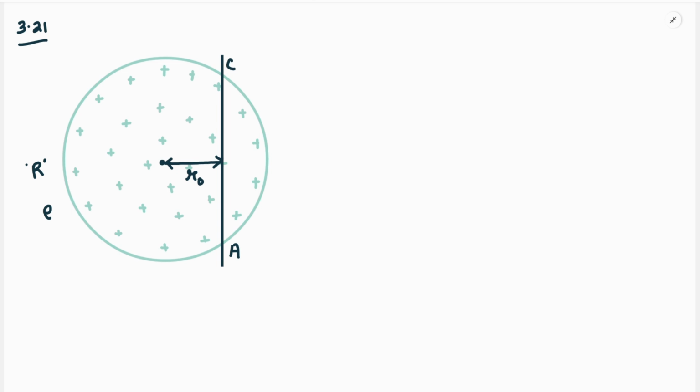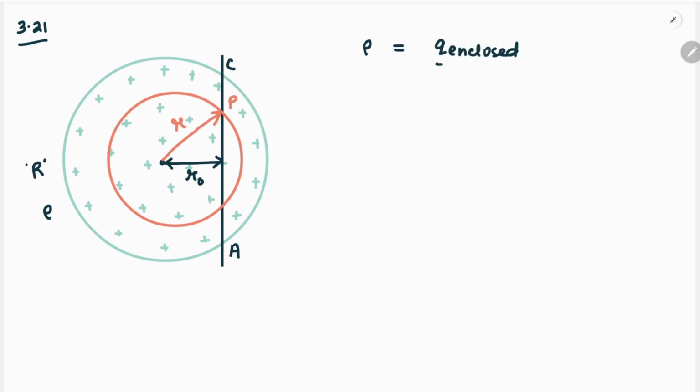In order to approach this problem, we first apply Gauss law. We consider a sphere of radius r, and for this radius r we apply Gauss law to calculate the electric field at this point, which we refer to as point P. We say rho equals charge enclosed upon volume.